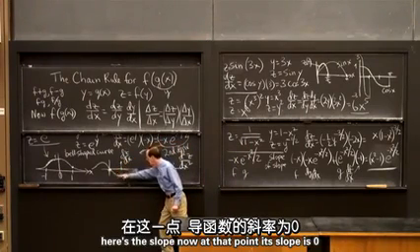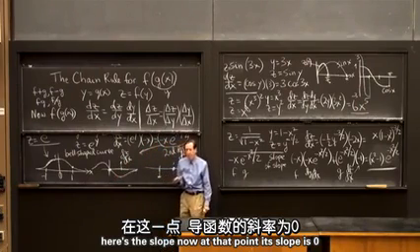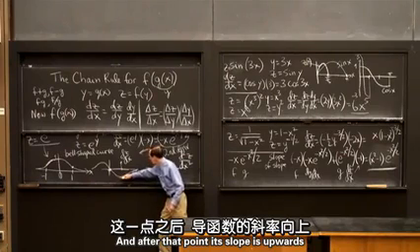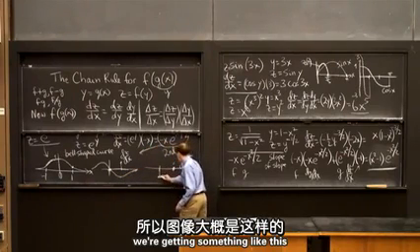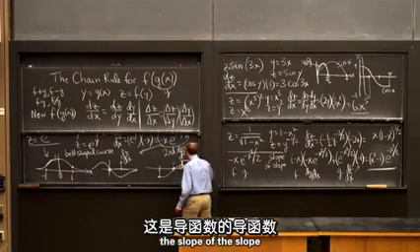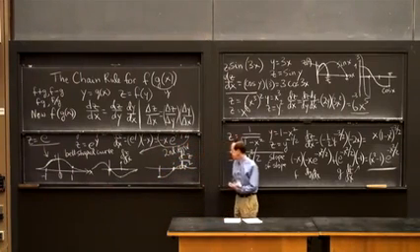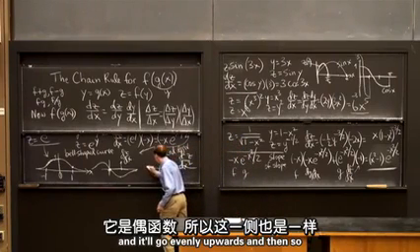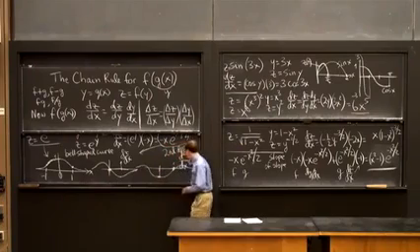Now, at that point, its slope is 0. And after that point, its slope is upwards. We're getting something like this. The slope of the slope, and it'll go evenly upwards and then so on.